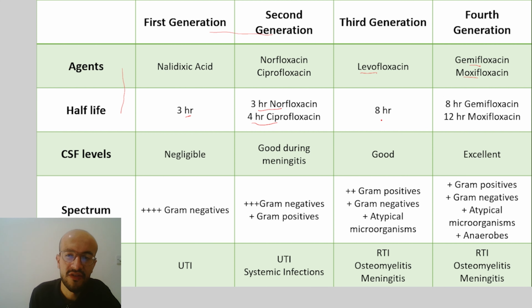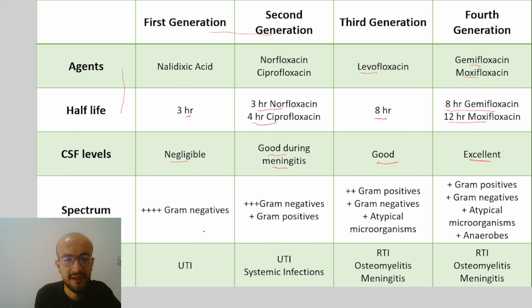For the third generation, 8 hours for levo, plus the post-antibiotic effect, and for the fourth generation, 8 hours for gemi and 12 hours for moxi. CSF levels for the first generation are negligible. For the second generation, good during meningitis. For the third generation, good in general, and for the fourth, excellent.